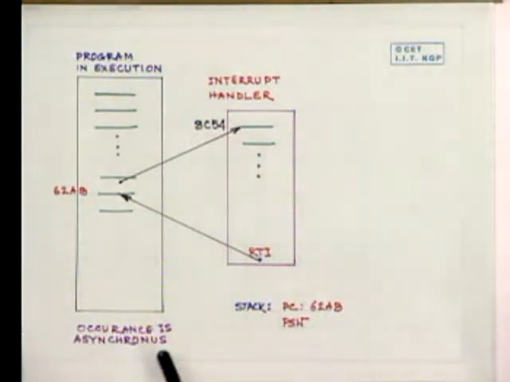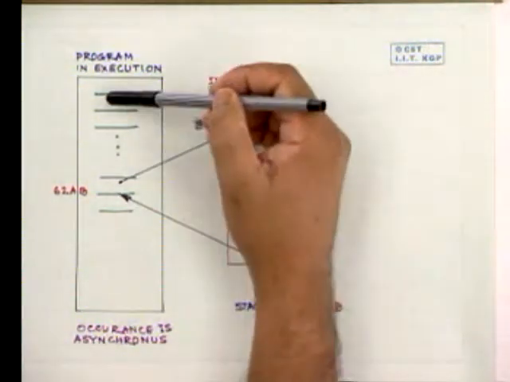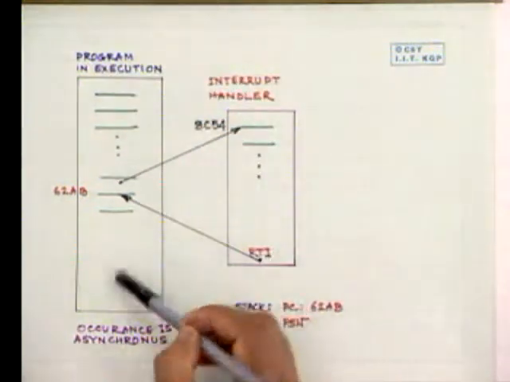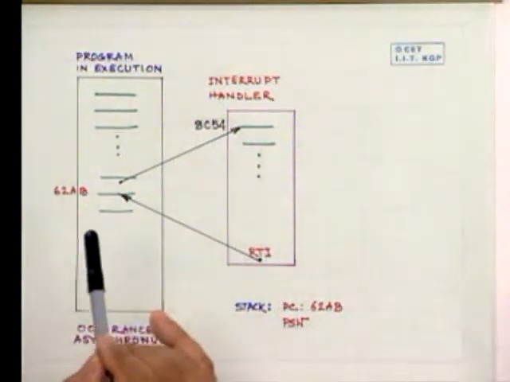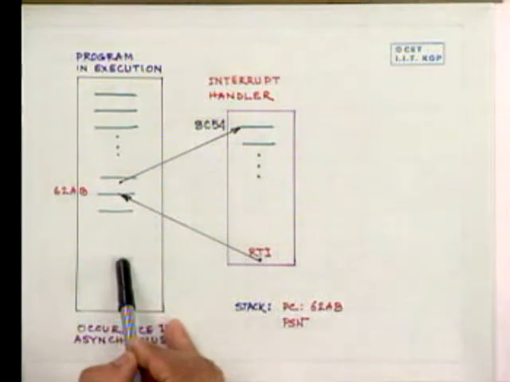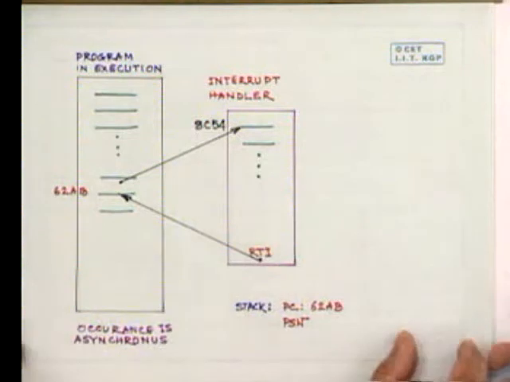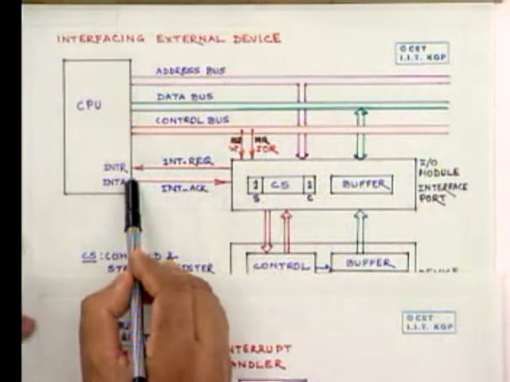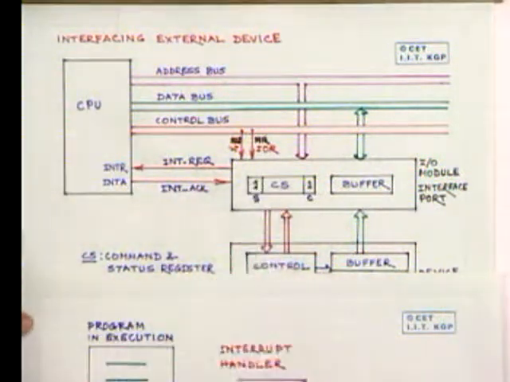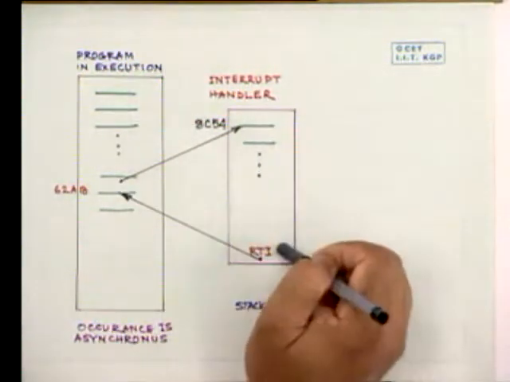Now let me repeat once more. The occurrence of the interrupt is asynchronous. Therefore, we do not know at what point of the program's execution that interrupt will come, but irrespective of that, on getting an interrupt for this device and the CPU acknowledging the interrupt, the control will always jump to the corresponding interrupt handler of the device.